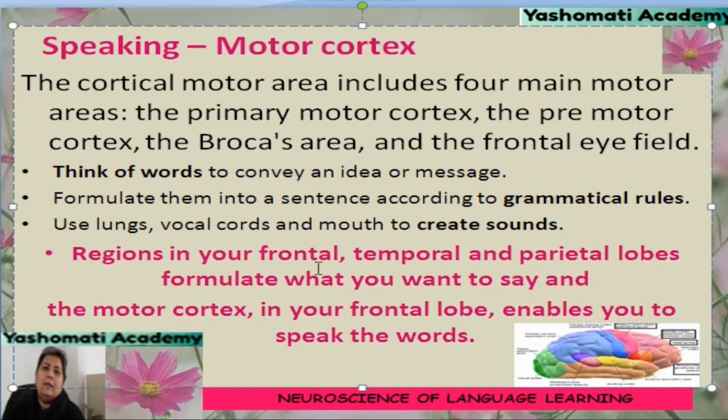Regions in your frontal, temporal and parietal lobes formulate what you want to say, and the motor cortex in the frontal lobe enables us to speak the words.